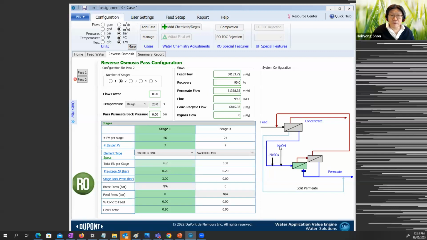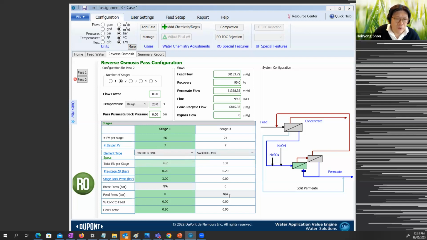So he has the very wrong pH. I don't know why he wants to put the pH 9, because this will create more inorganic scaling. So I think this one is not really necessary. And I think the H2SO4 is okay. And then he has the 66 and 24, stage 1, stage 2.